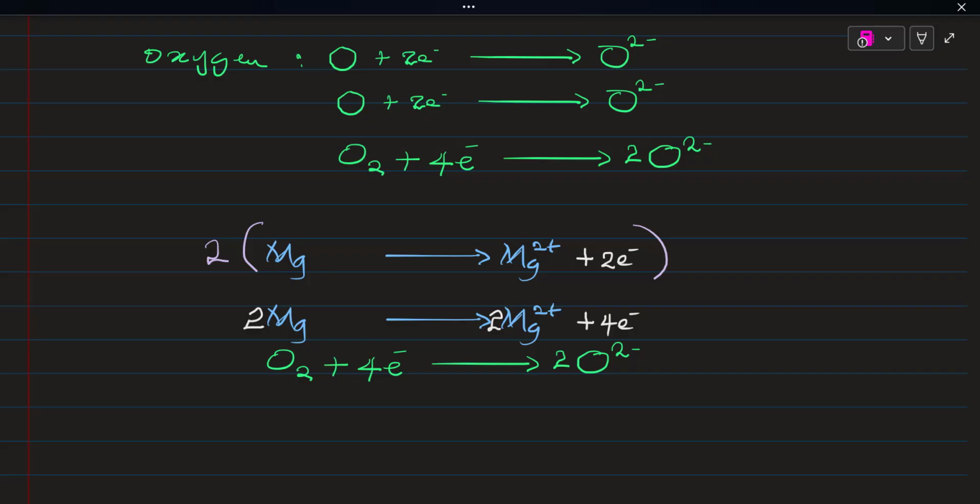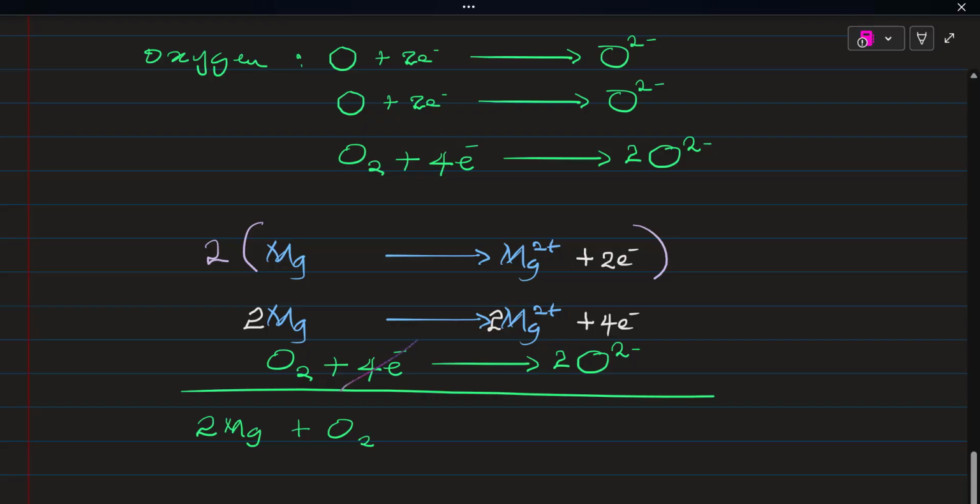So if you like, you can combine the 2 equations. If you combine the 2 equations, we are going to get what we had up there last time. 2 Mg plus O2. So these 4 electrons, we don't need them, because it is 4 electrons on both sides, they cancel each other, and then eventually we are going to have 2 Mg plus O2 to give us 2 Mg2 plus, and 2 O2 minus.